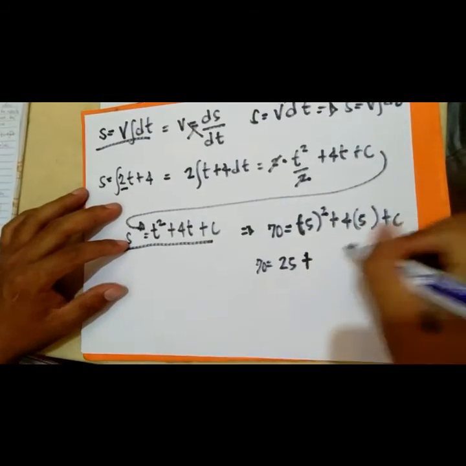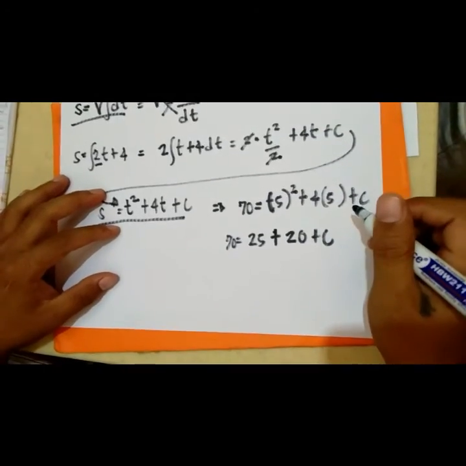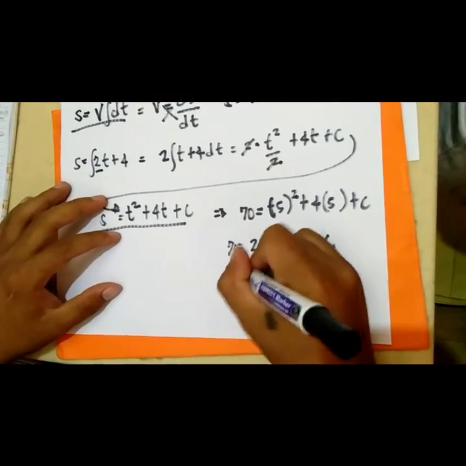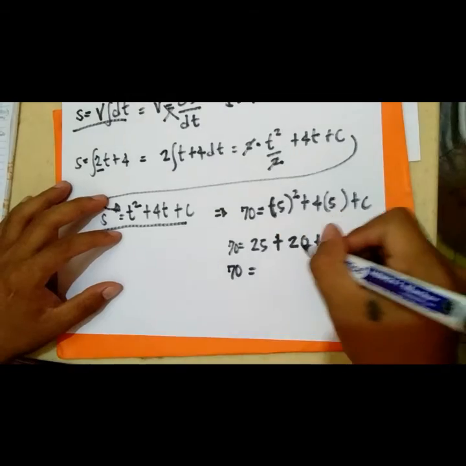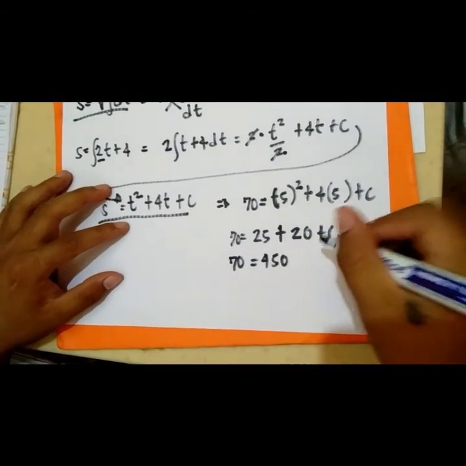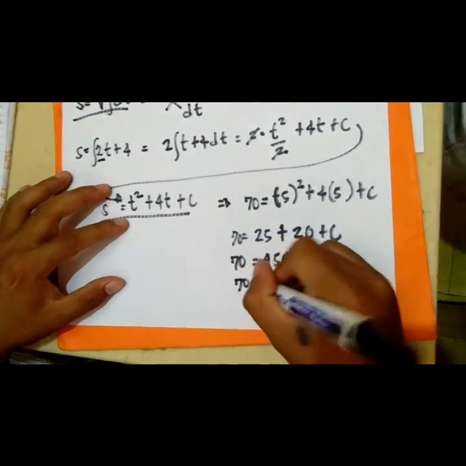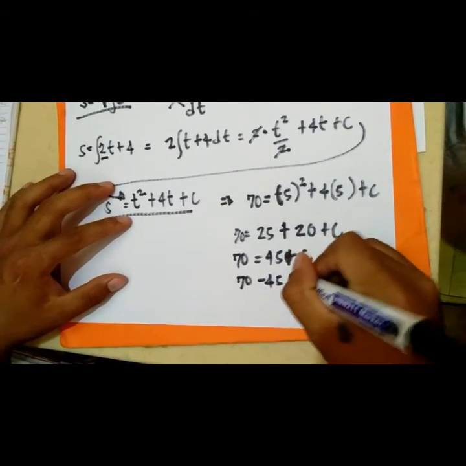Then 5 times 4 is 20 plus c. 70 equals 25 plus 20, which is 45, plus c. So 70 minus 45 equals c.